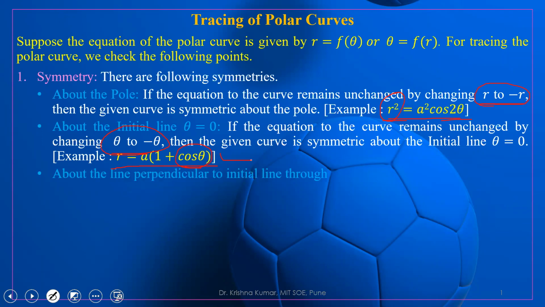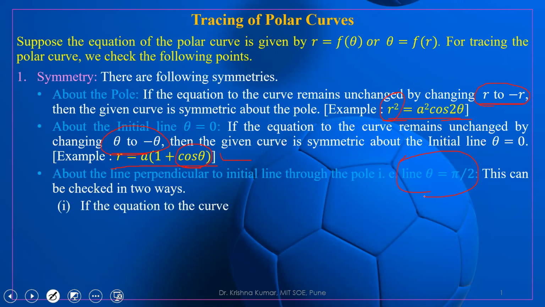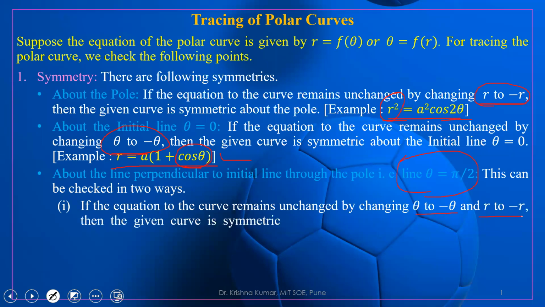The third one is about the line perpendicular to the initial line through the pole, or simply the line theta equal to pi by 2. If you want to check the symmetry about this line, we have to check in two ways. What is the first way? We replace theta by minus theta and r by minus r.